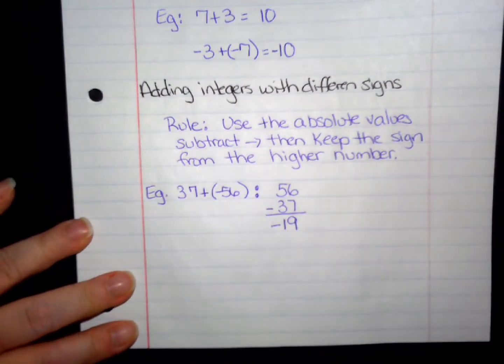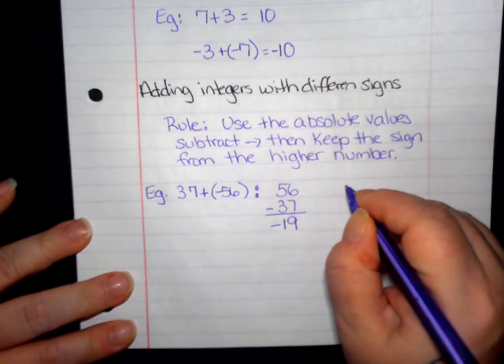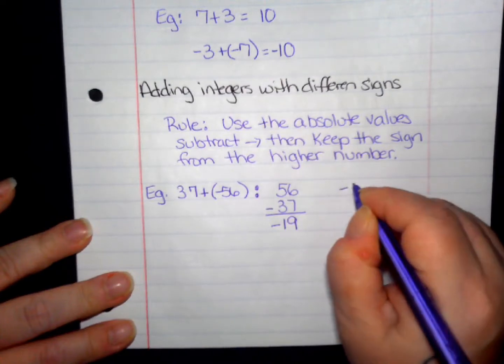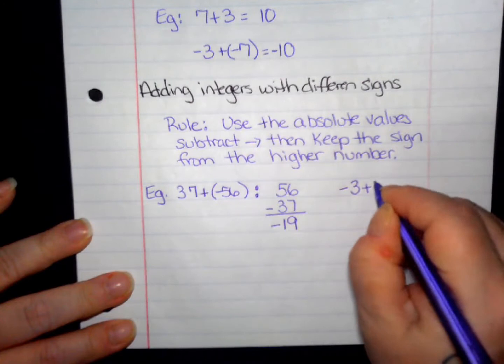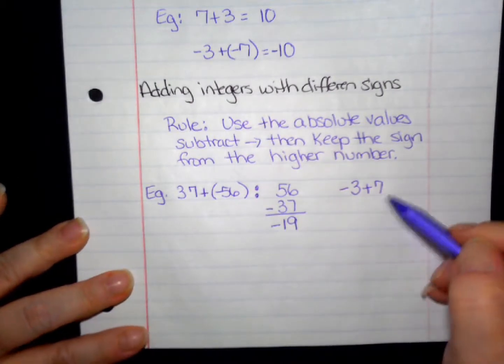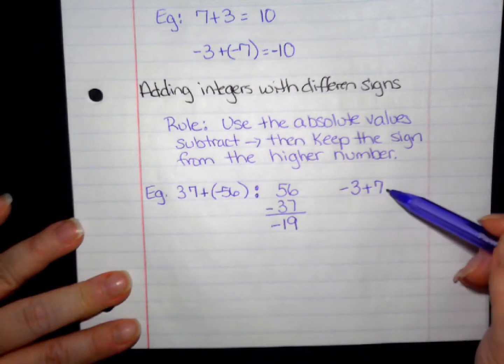If I do another one, let's say I have -3 plus 7. Well, I'm going to look at my absolute values. The absolute value of -3 is 3. The absolute value of 7 is 7.